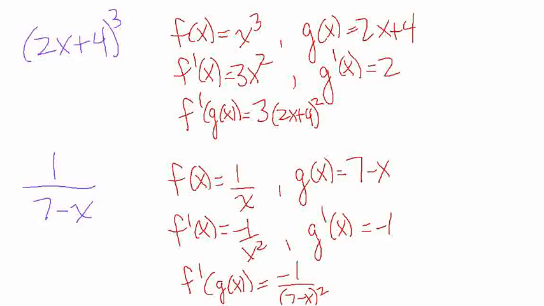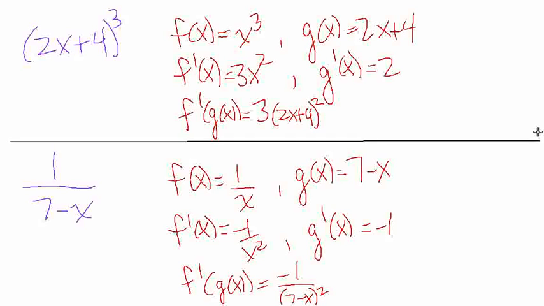Okay, putting it all together. So using the derivative formula, the chain rule formula. I hope you wrote it down. You'll have to memorize it. You'll end up memorizing it in spite of yourself because you'll use it so much. So putting it all together, the first one, I'll write it in blue. 3 times 2x plus 4 squared times 2.